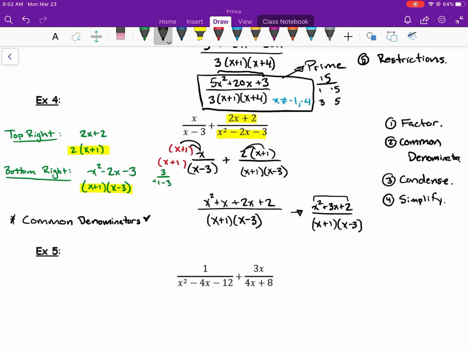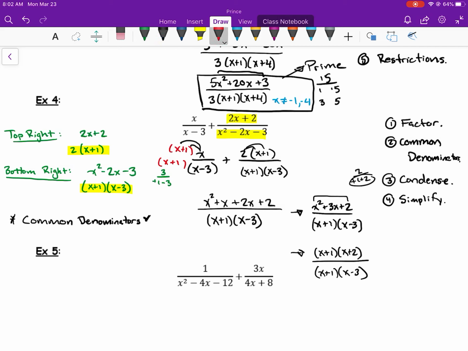So you get 2, and factors of 2 are 1 and 2. Plus 1 plus 2 makes 3. So here we go, that's a plus 1 and plus 2 right there. So I'll have x plus 1 times x plus 2 over x plus 1 times x minus 3.